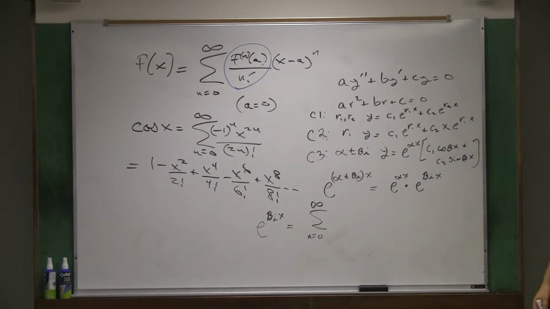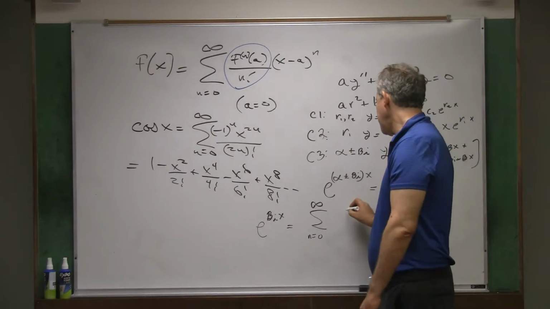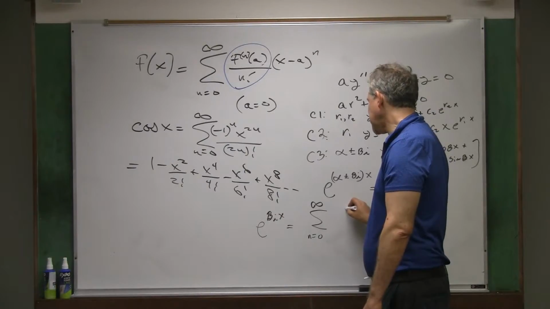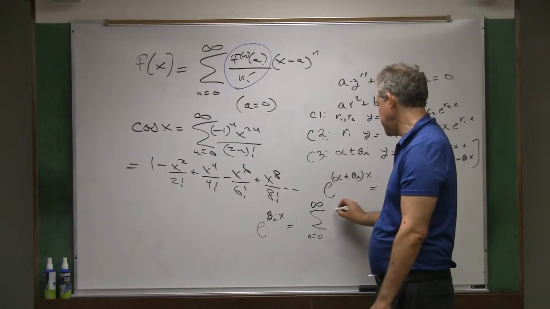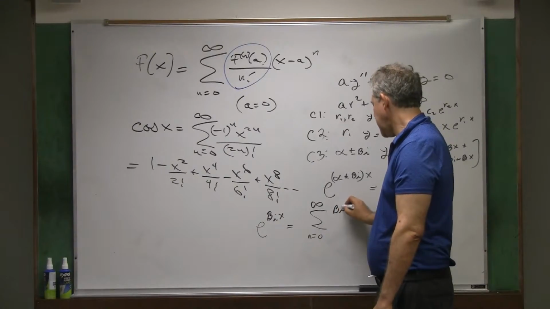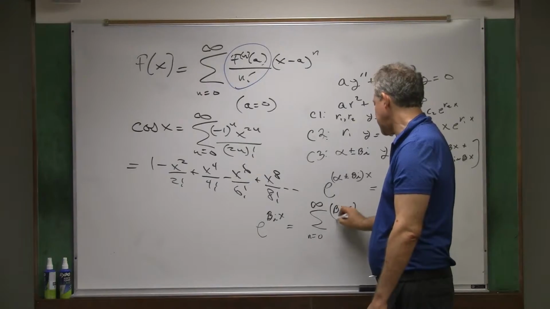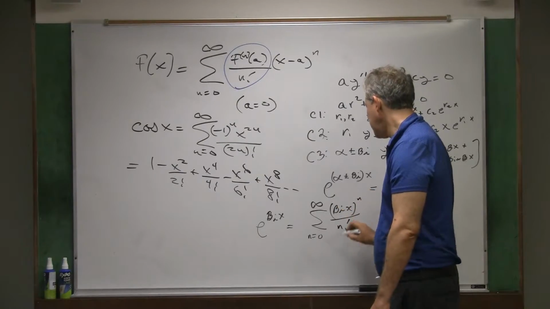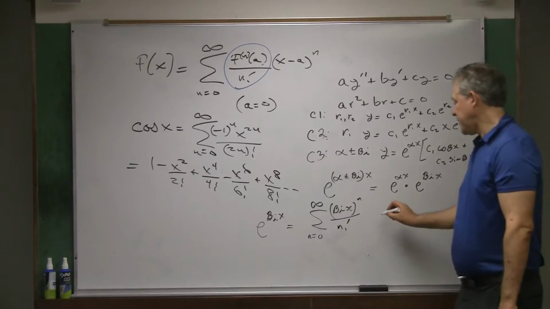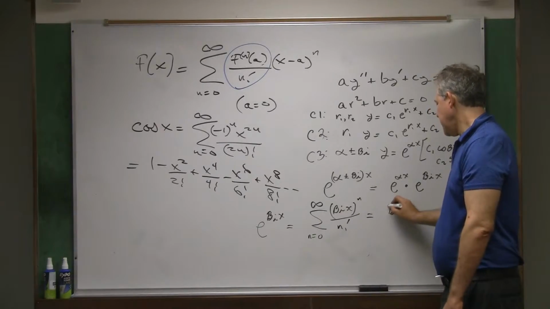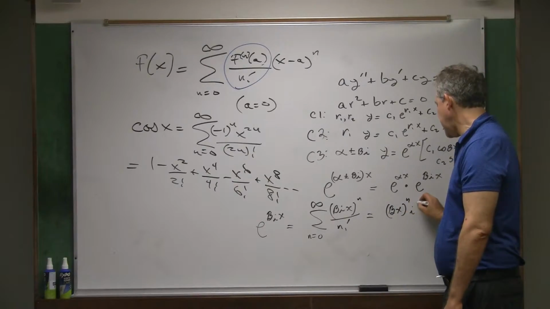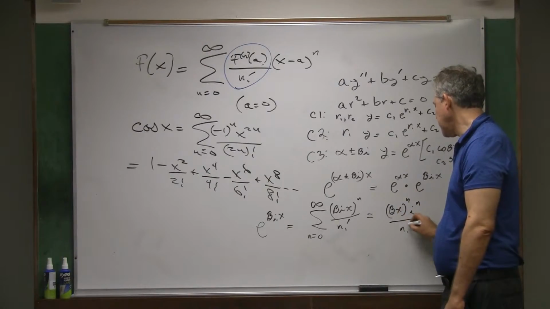Let's do the odd powers and let's do the even powers. We know the whole thing is just going to be beta i x to the n over n factorial. But I can split this up. This is just going to be beta x to the n, and you're going to have this i to the n, and you're going to have this n factorial.